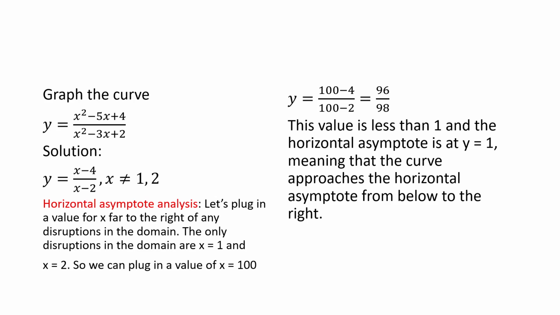Well, 96 over 98 is barely less than 1. So what we basically got is an x-coordinate of 100 and a y-coordinate of approximately 0.98, barely less than 1. That tells us that the curve to the far right is below. So we're approaching the horizontal asymptote from below to the right.